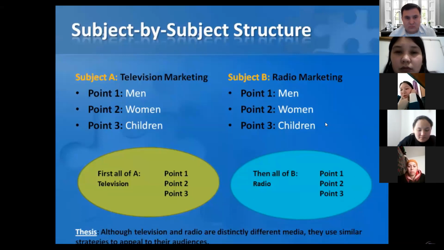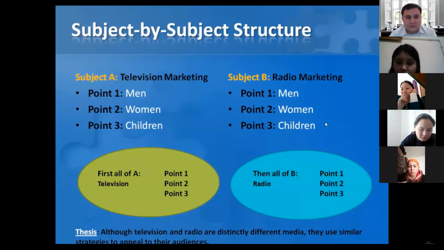Here's a potential thesis to tie both of these together. Although television and radio are distinctly different media, they use similar strategies to appeal to their audiences. So you would have to figure out what those similar strategies are in regards to men. Let me help you out here.